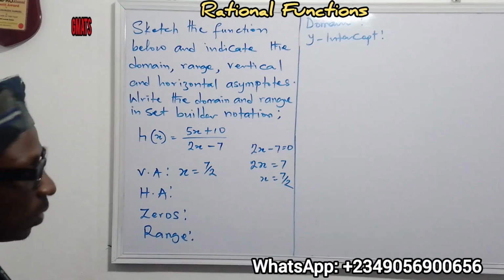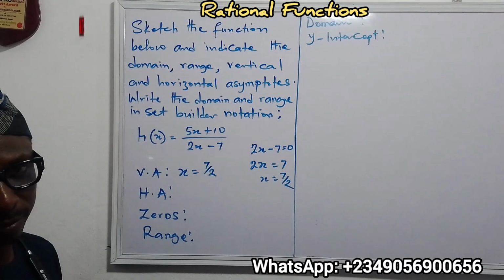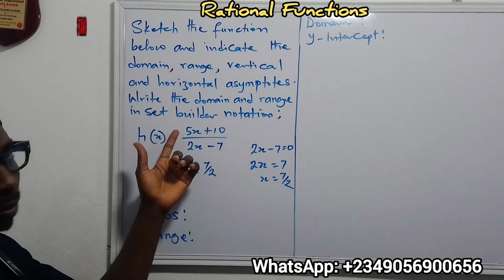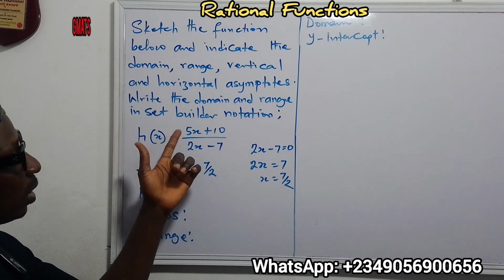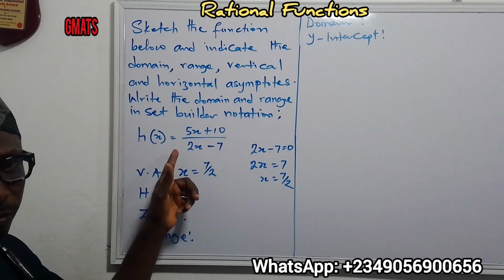Okay, so now the next one is the horizontal asymptote. How do you get that? You need to look at the polynomials we have here, the numerator and the denominator. This is a polynomial of order 1 and this is also a polynomial of order 1.